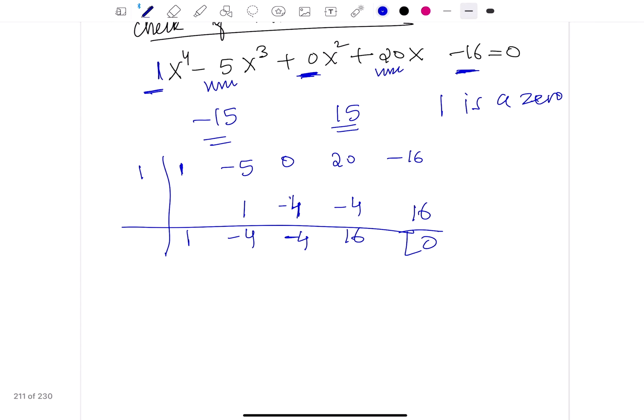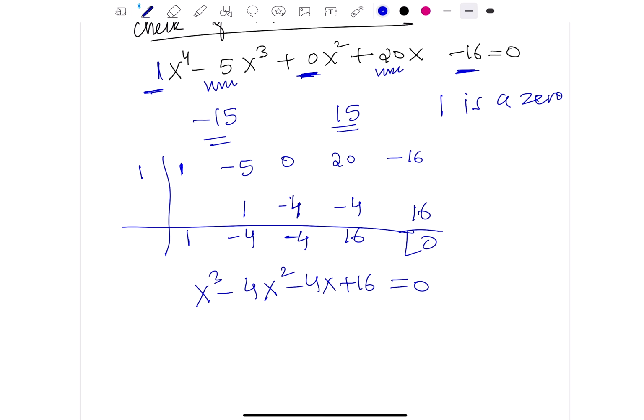So I'm down to a third degree polynomial. Let's go ahead and see now. Next, this is going to be x to the third minus 4x squared minus 4x plus 16 equal to 0. So that's my new polynomial. And I can quickly check that 1 and negative 1 are not going to be zeros now, so I don't need to try them again.